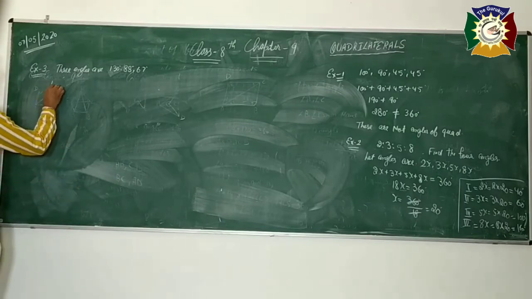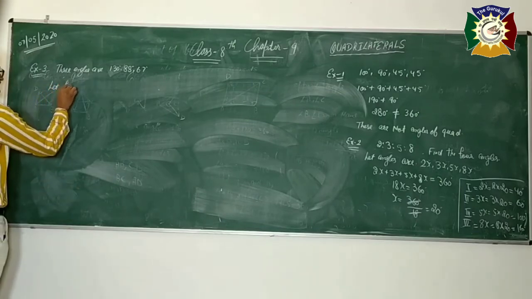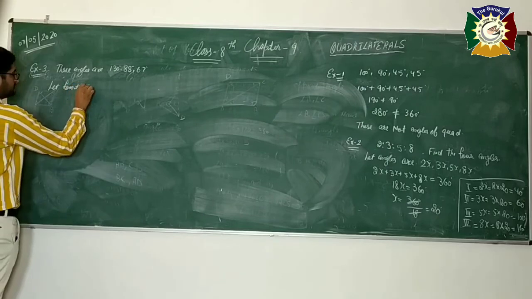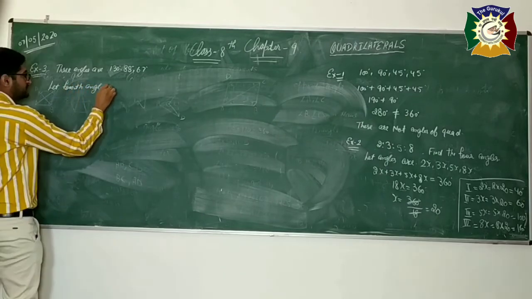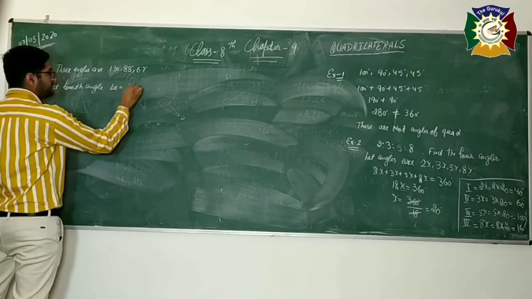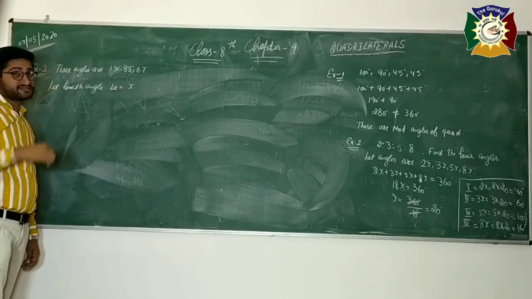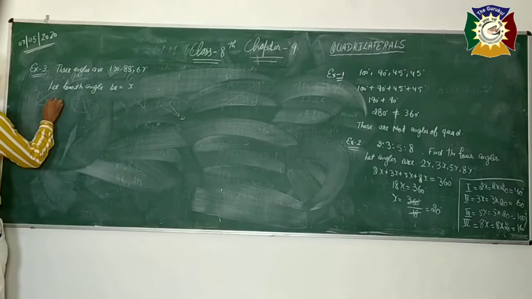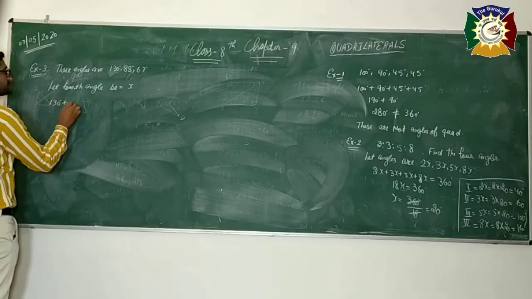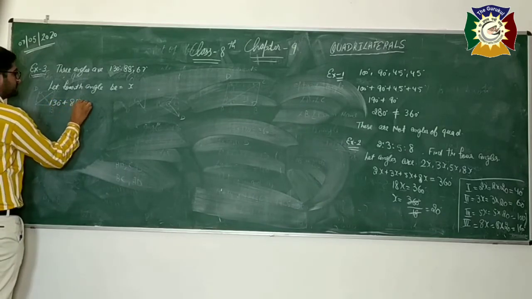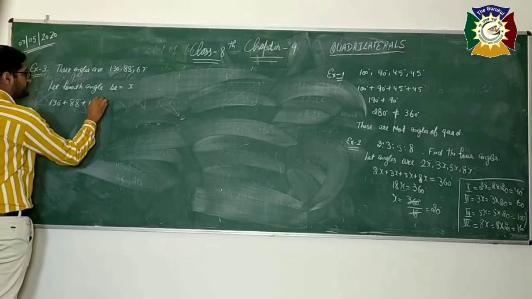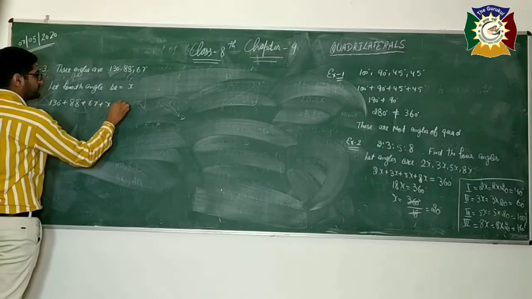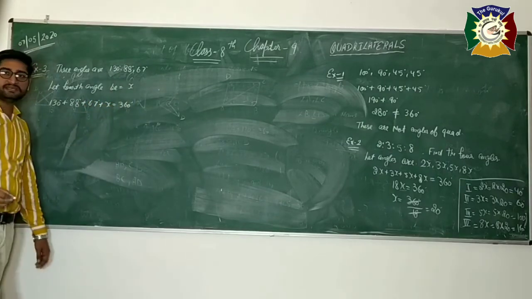Let the fourth angle be x, and after that we will add all these four angles: 130 plus 88 plus 67 plus x is equal to 360 degree.